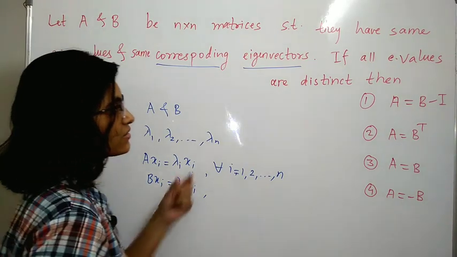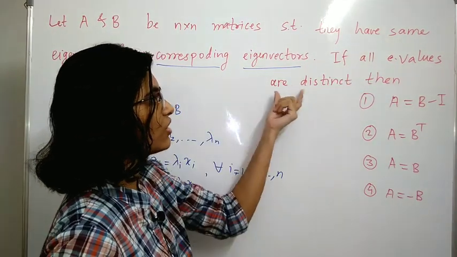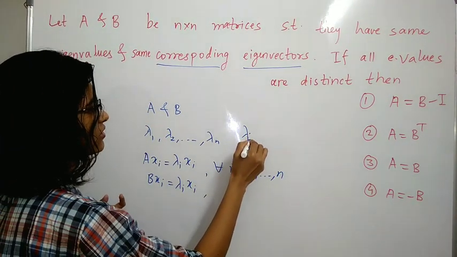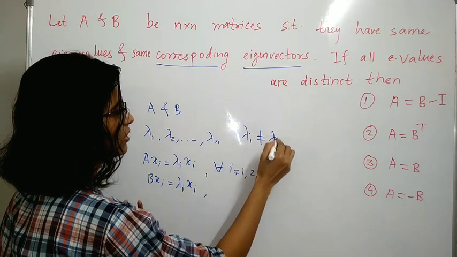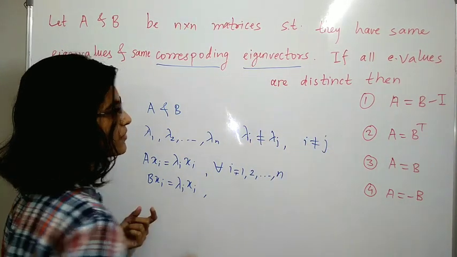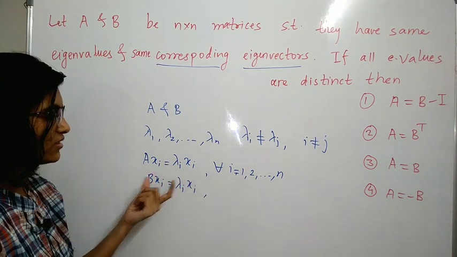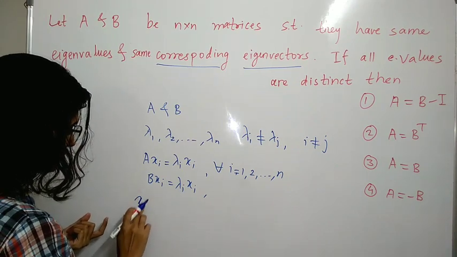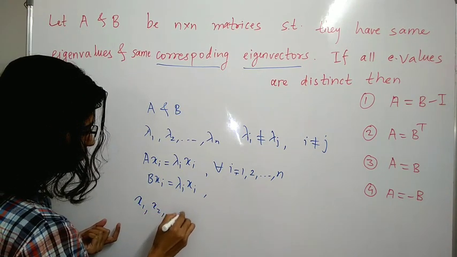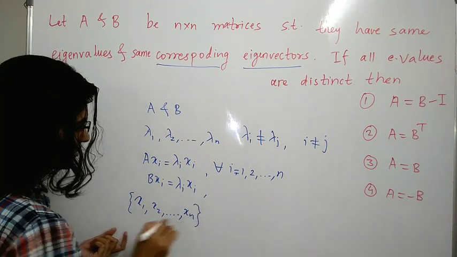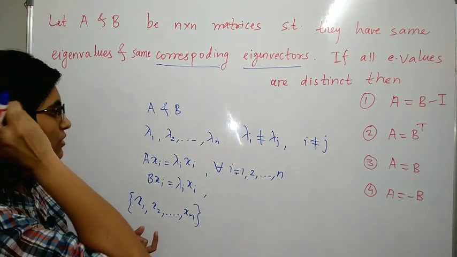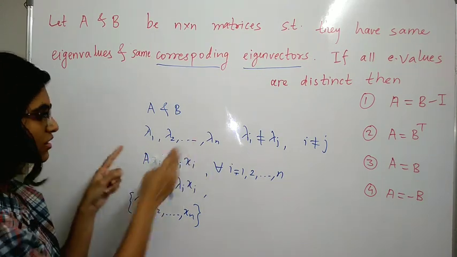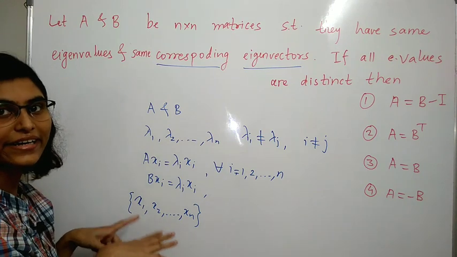For all i. And moreover, we have been given that all eigenvalues are distinct. That means lambda i is not equal to lambda j whenever i is not equal to j, right? So all eigenvalues are distinct and therefore these vectors x1, x2 and so on up to xn form a linearly independent set, because we know the result that if all eigenvalues are distinct, then the corresponding eigenvectors are linearly independent.